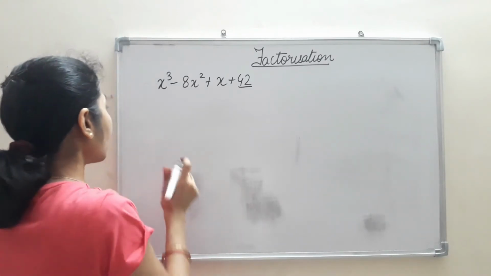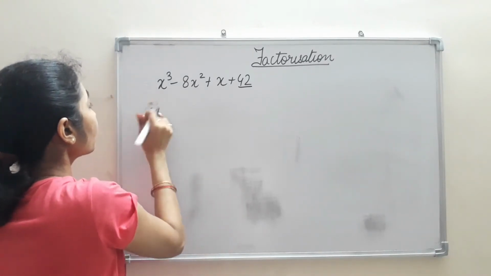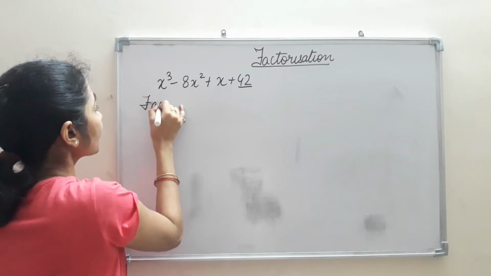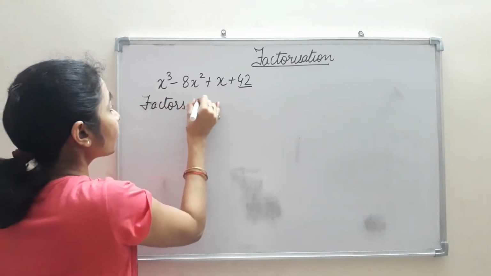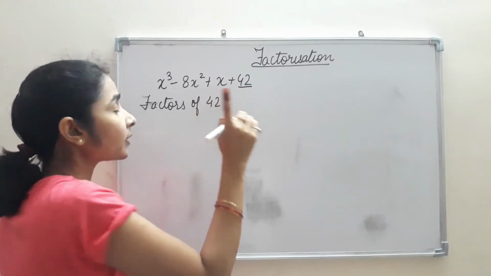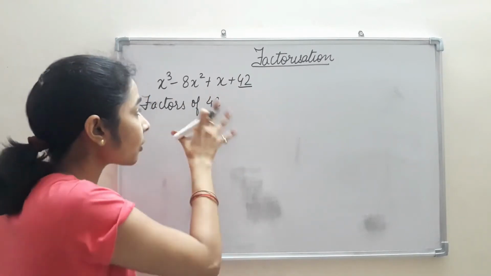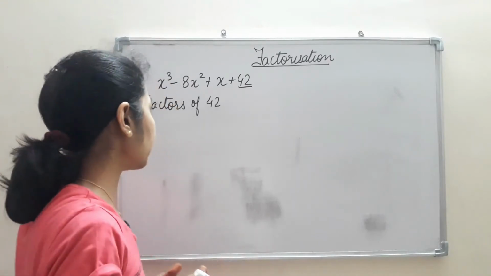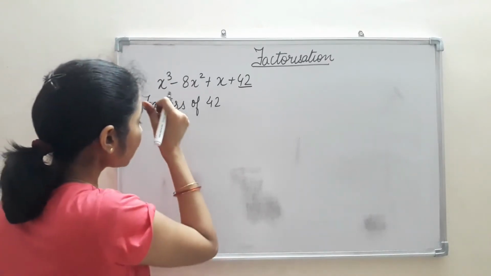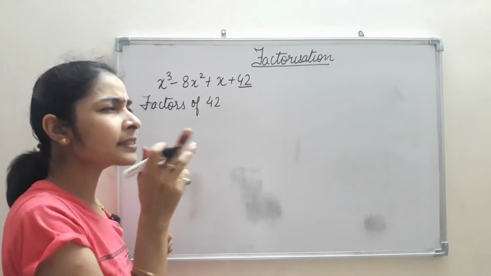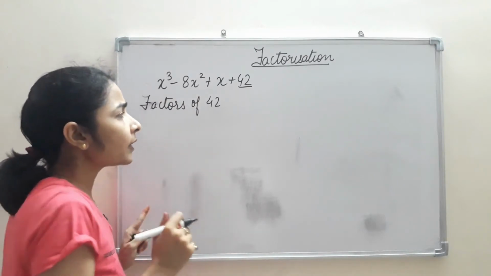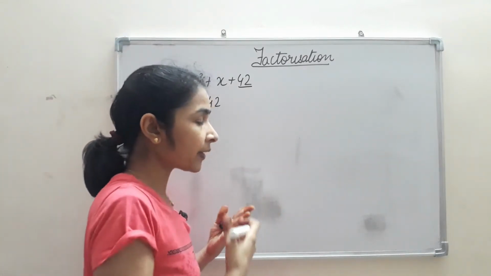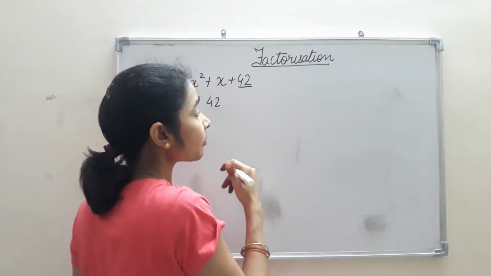The factors of 42. First we will find any one factor of this polynomial, and then we will find the other factors with the help of the division method. As we used to do in simple division, when we were told to find the factors, we used to make a factor tree.